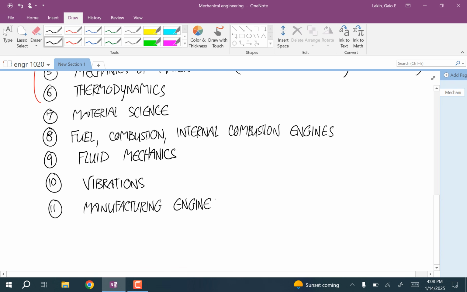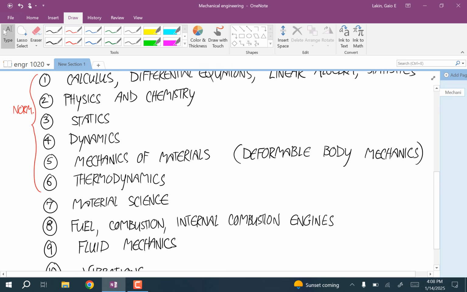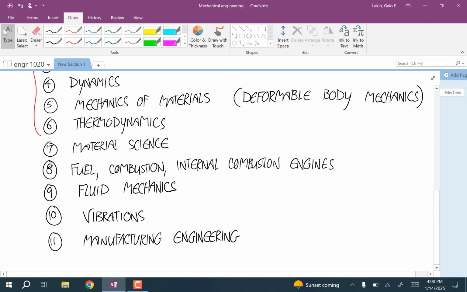And in different programs, in some you might have to take all of these. In some programs, maybe there are other requirements, and you have to choose a selection of these as your technical electives to take. But this is kind of the collection of classes that make up a mechanical engineering curriculum.